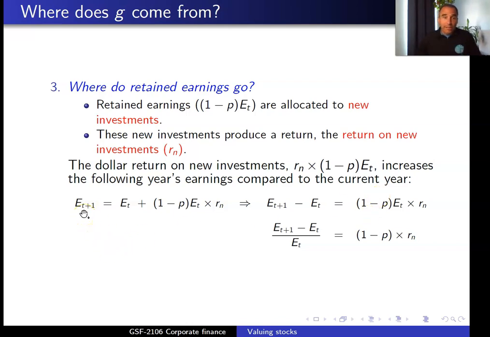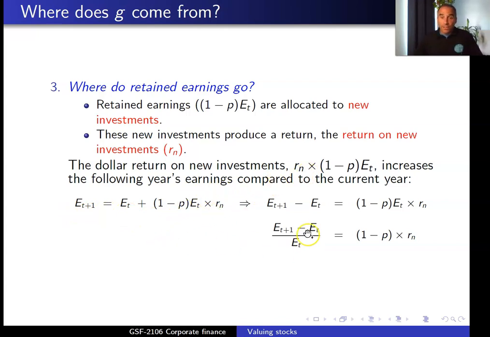Next year's earnings would be exactly the same as this year's earnings without new investments. But if some of these earnings are retained, invested, and produce a cash flow R_N times whatever has been invested in new projects, the earnings at time t+1 are equal to the earnings at time t plus the return on new investments.